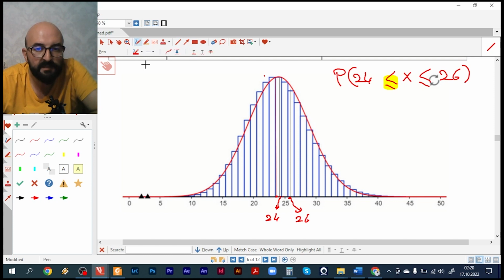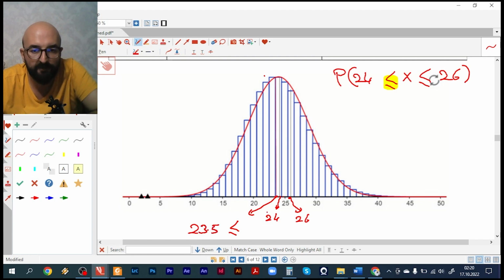So it means greater than or equal to 23.5, because greater than 23.5 includes 24.